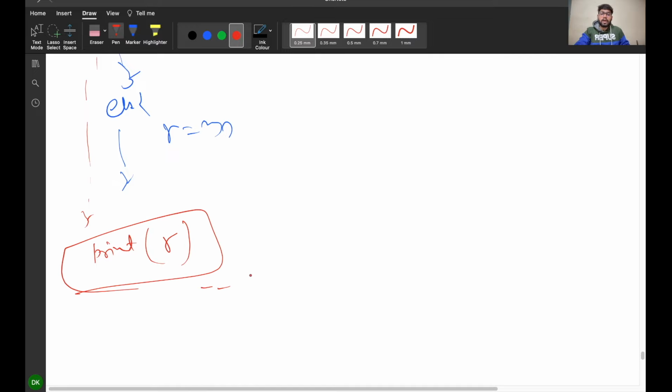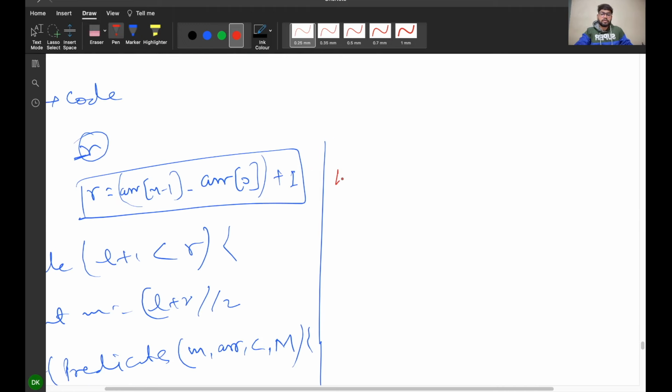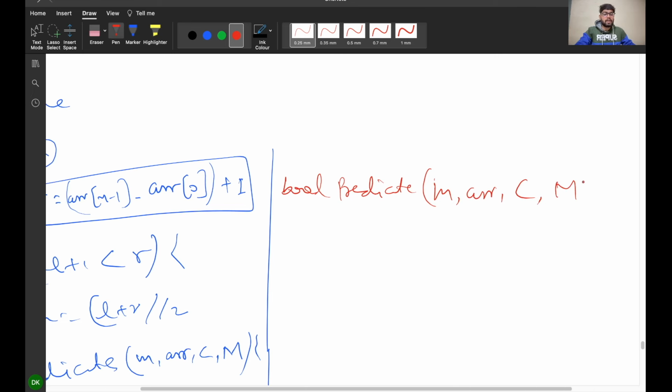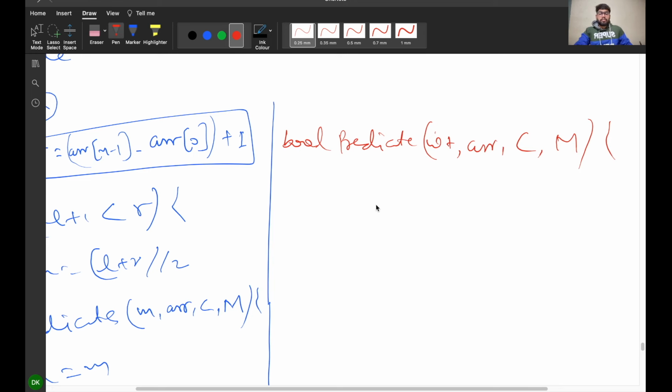Okay, and in my predicate function, I have m, I have my array, I have my capacity, and I have my number of buses given. Let's say instead of m, I call it the waiting time. Overall, I just have to find out for this particular waiting time how many buses are required.